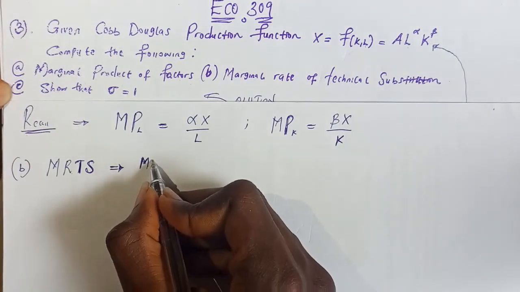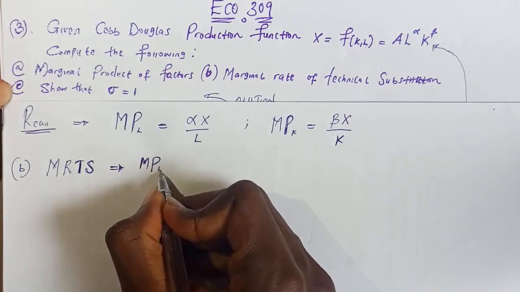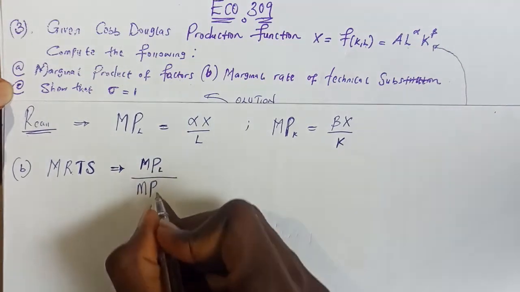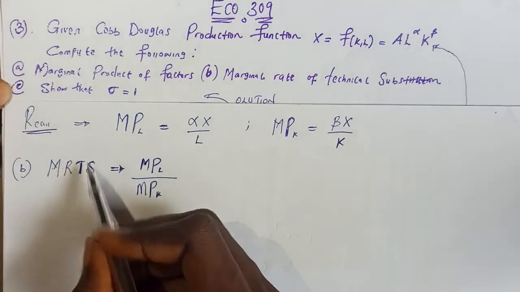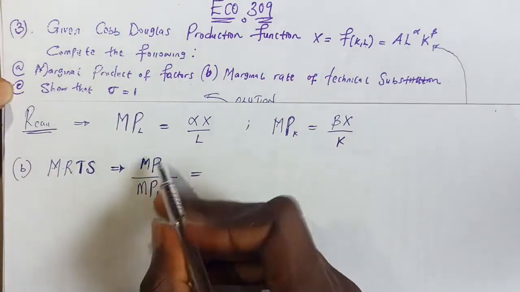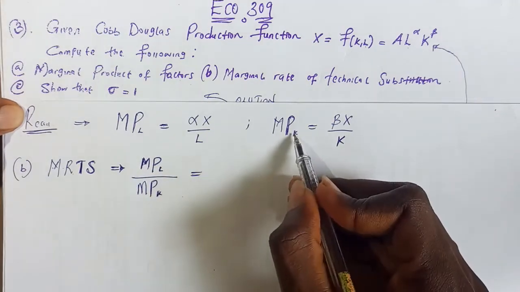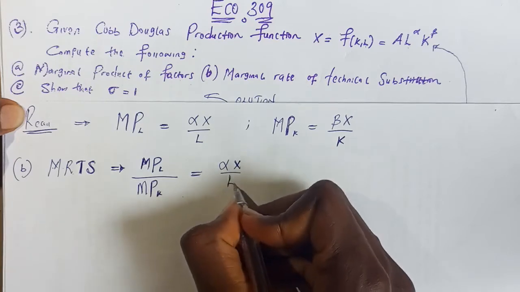Of the marginal product, let's take the marginal product of L divided by the marginal product of K. So this is how to compute the marginal rate of technical substitution. The marginal product of labor that we got was alpha x over L, right?